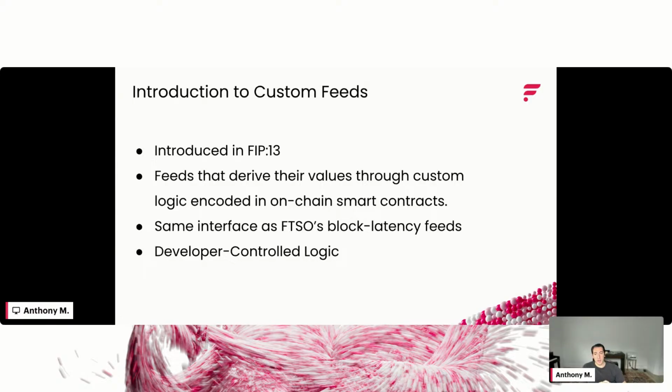So your contract can use FTC to fetch or verify data from off-chain APIs, and then expose that on chain using the same interface as the other FTSO feeds, which I can show briefly a bit later. Although we do have other videos covering FTSO in more detail.